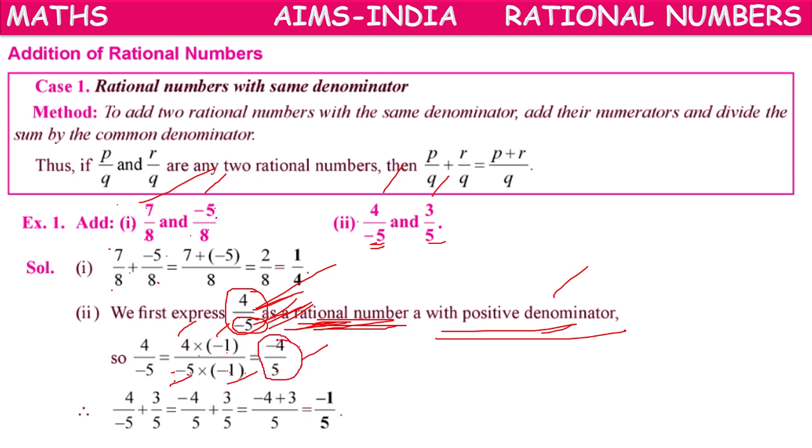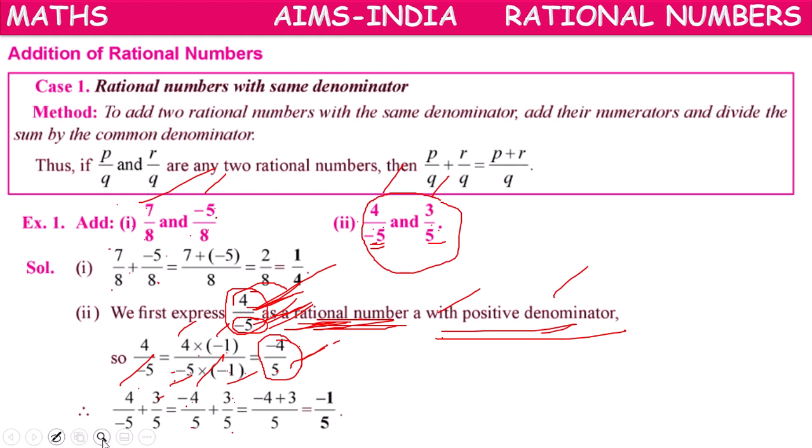Minus 4 by 5. So before doing the addition, we have to check whether the given rational numbers are in standard form or not. If not, we have to change them first. Now they are in standard form, so we can add. Instead of 4 by minus 5, we take minus 4 by 5 plus 3 by 5 as it is.